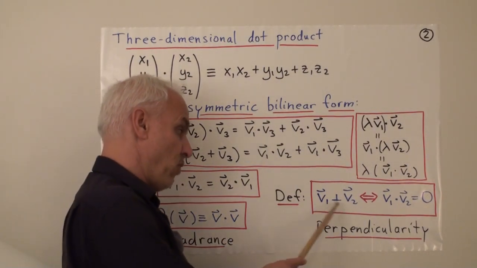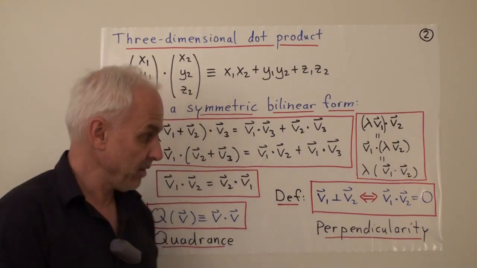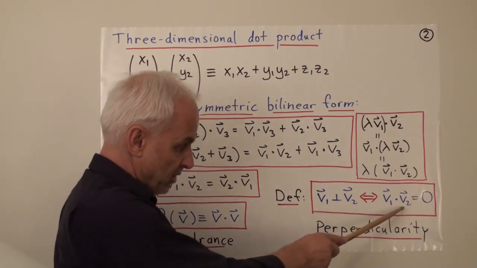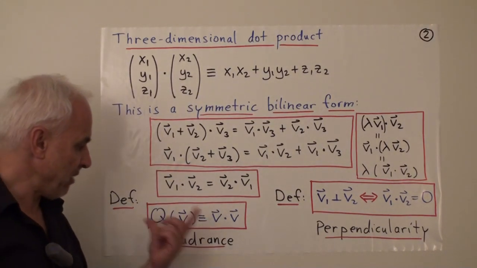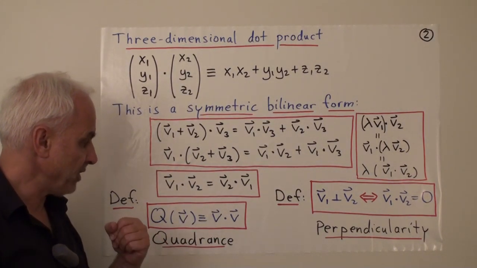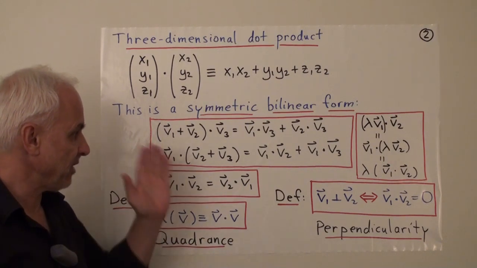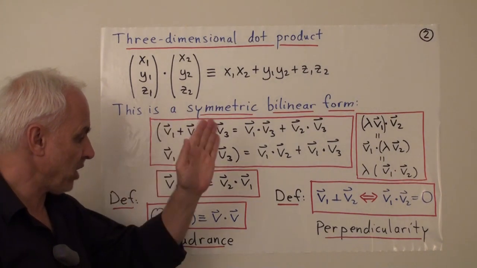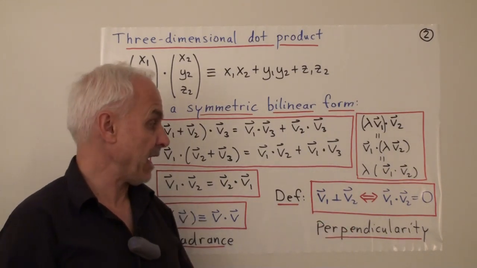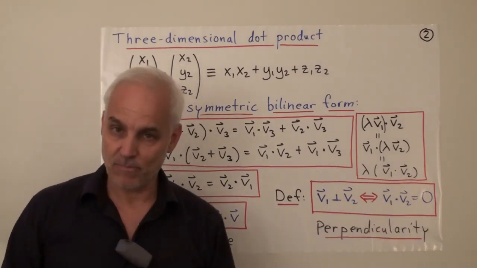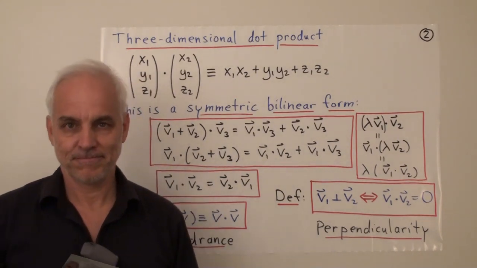We say that vectors v1 and v2 are perpendicular precisely when v1 dot v2 equals 0. So the fundamental measurement of quadrants is just as we expect. It's vector v dotted with itself. And the fundamental relation between vectors of perpendicularity is just given in terms of the dot product being 0.